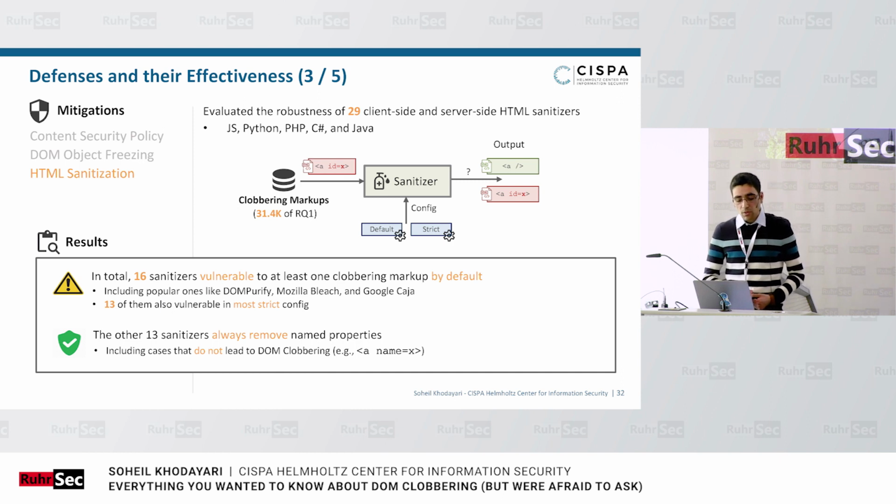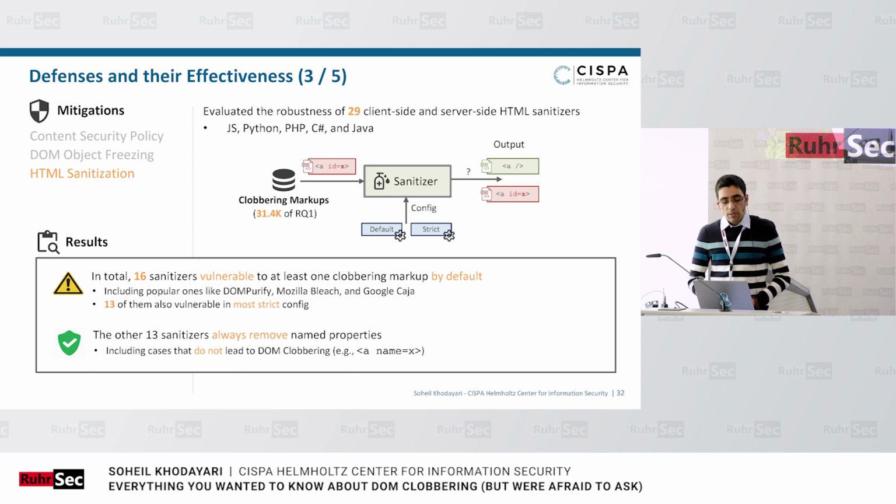And what we did was basically input the 31,000 clobbering markups that we identified in the first part of our study to these sanitizers, and check whether the sanitizer removes or changes named properties, in particular ID and name attributes. And we tested these sanitizers under 2 configurations. First, the default configuration of the sanitizer, and second, the most strict configuration that the sanitizer provides.